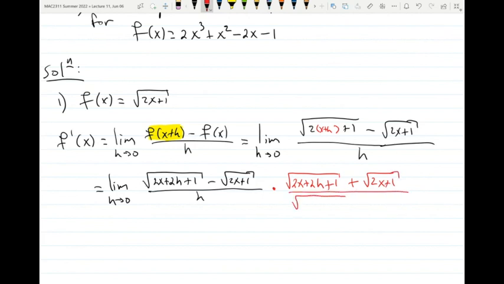So we do that in the top and the bottom. Why are we doing this? Because then on top we're going to have a difference of squares, right? Because we have a product of conjugates. So when you multiply the top, that would be the first guy squared, killing this radical, minus the second guy squared, killing that radical. Yes?